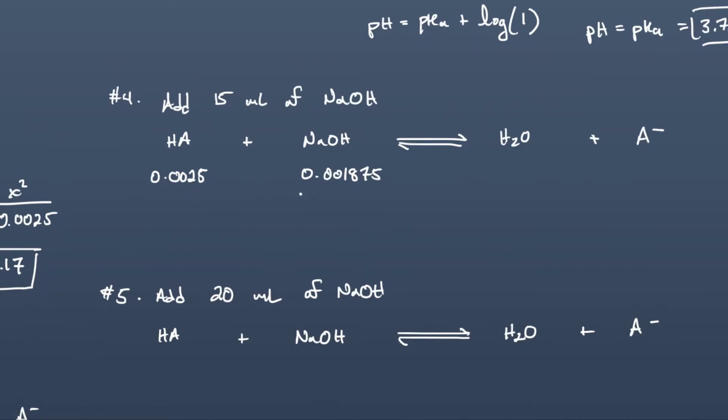So we can subtract the smaller number again, 0.001875. And if you're not aware, what I'm doing are ICE tables. I'm just doing ICE tables with moles instead of concentrations, which is perfectly doable.